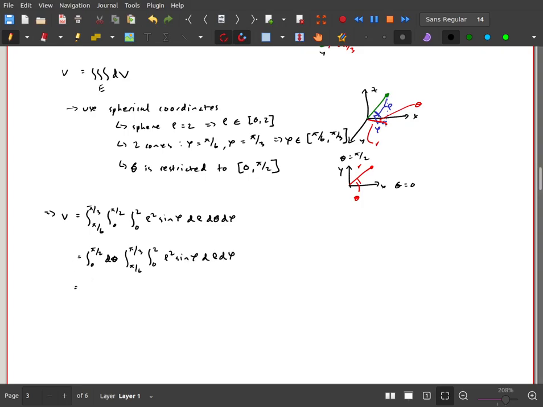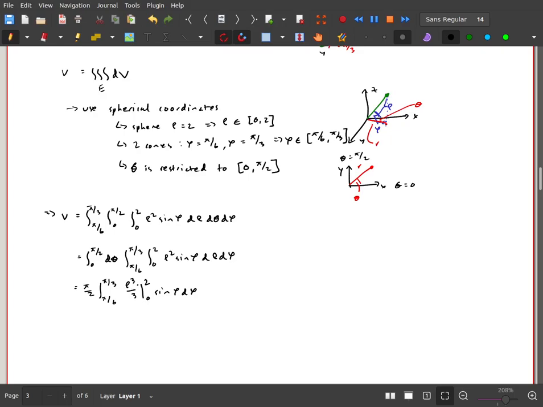Okay, so let's do the integration. This becomes pi over 2. Well, we'll integrate rho first, so I'm just going to bring the limits on phi down. Integrating rho gives me rho cubed over 3 from 0 to 2, then sine phi d phi.